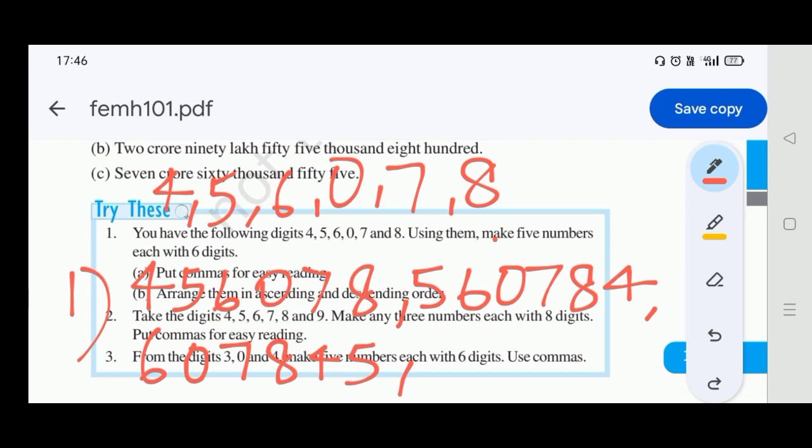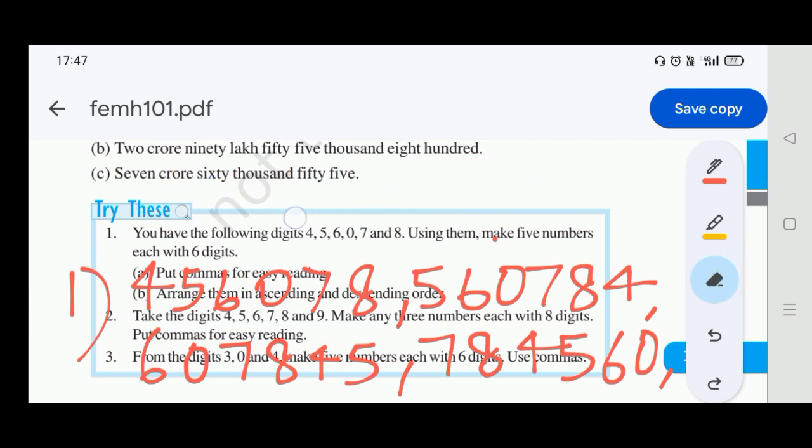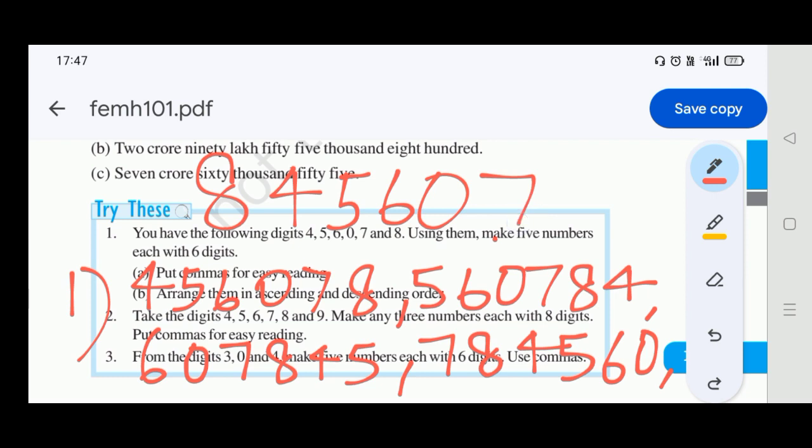The next one would be 7, 8, 4, 5, 6, 0. The last number would be 8, 4, 5, 6, 0, 7.